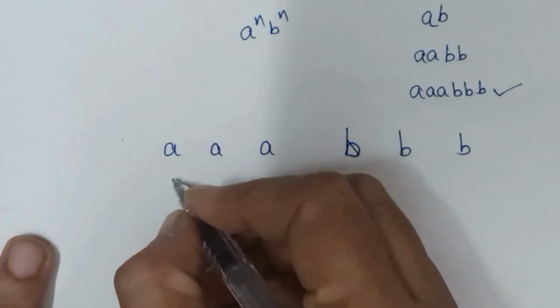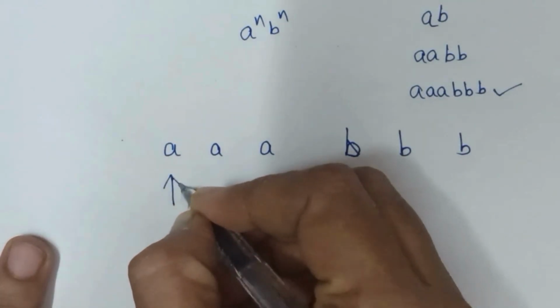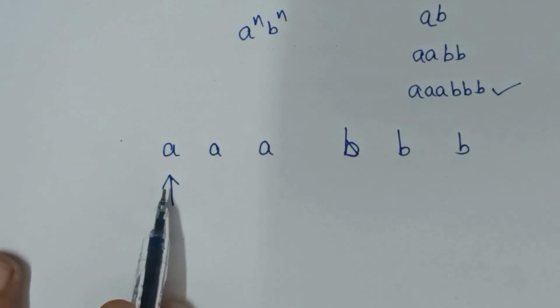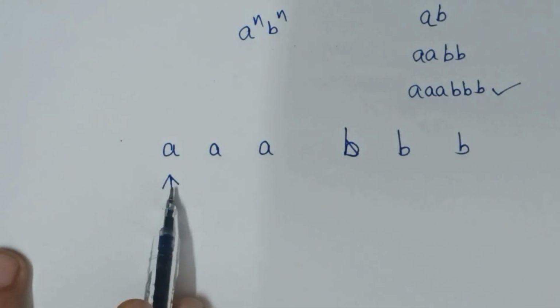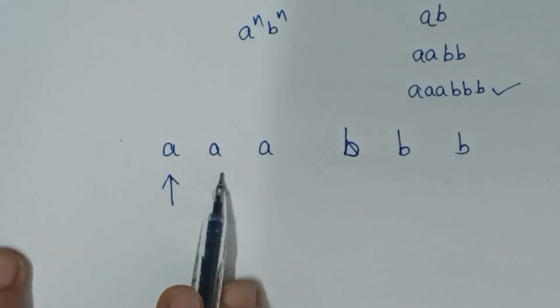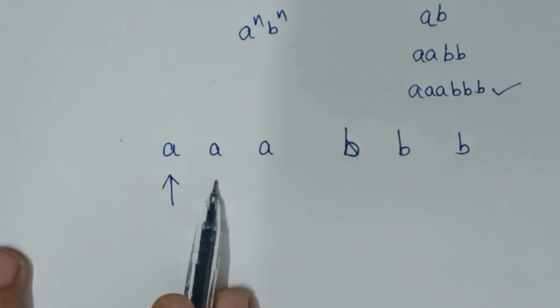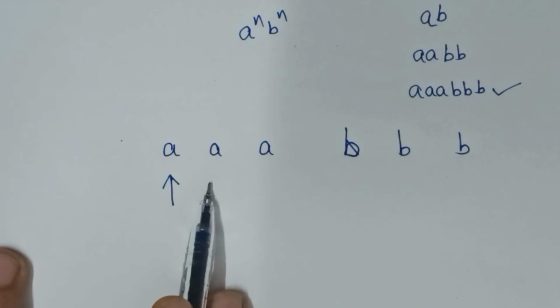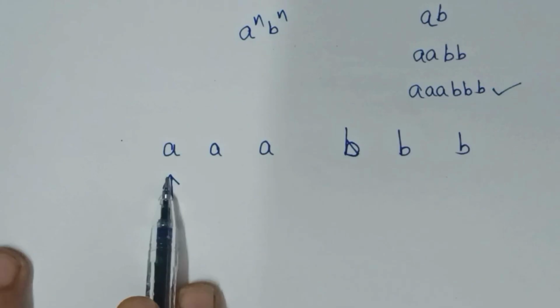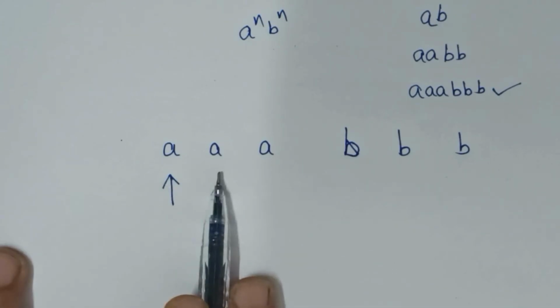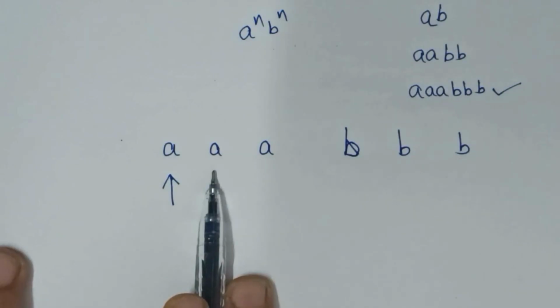So the Turing machine will have one header. This header reads the input symbol and it can move one symbol to the right, or it can move the header one step left also. So this is a read write header which reads the symbol, writes, and moves one step.